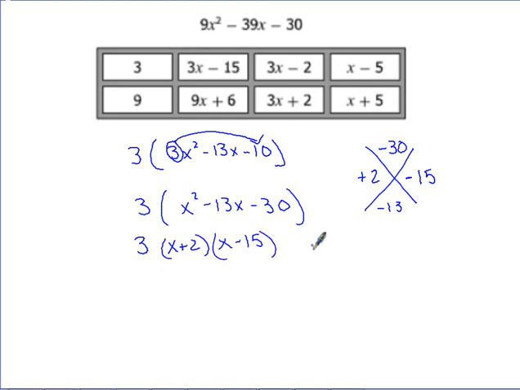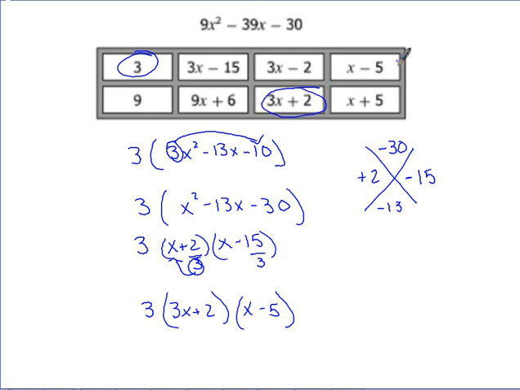And remember the last step, we slid the 3 down, so now I have to divide by 3. 2/3 is already simplified, so I'm going to move the bottom up. So I have 3x plus 2, and then 15 divided by 3 is 5. So that would be it completely factored. If I come up here and find my answer choices, 3 is a factor, 3x plus 2 is a factor, and x minus 5 is a factor.